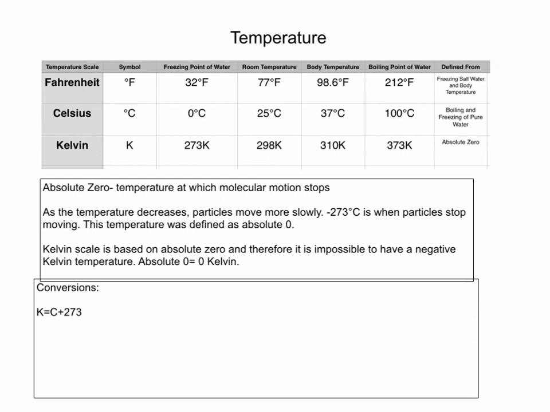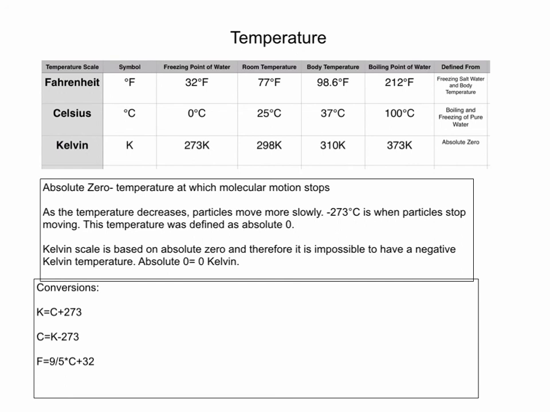You can reverse that if you want to solve for C, and C equals K minus 273. Other useful conversions, although they're not going to be used as much, is Fahrenheit equals 9/5 times C plus 32.